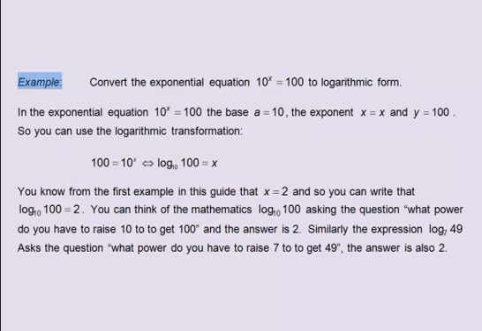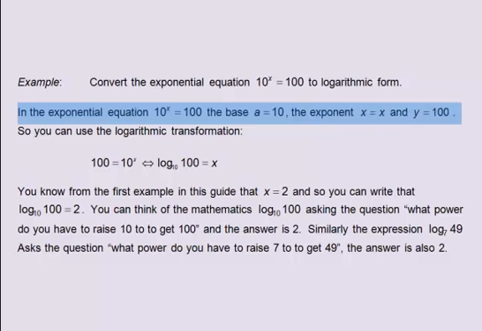Example: convert the exponential equation 10 to the power x equals 100 to logarithmic form. In the exponential equation 10 to the power x equals 100, the base a equals 10, the exponent x equals x, and y equals 100, so you can use the logarithmic transformation.